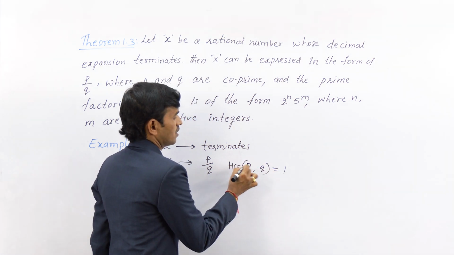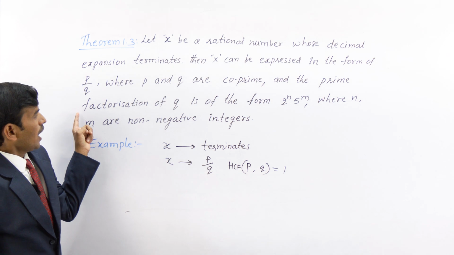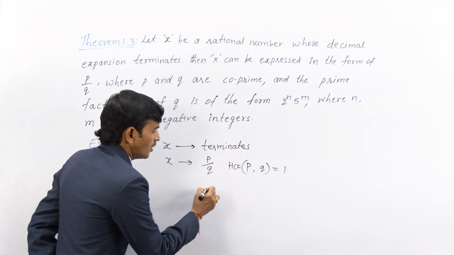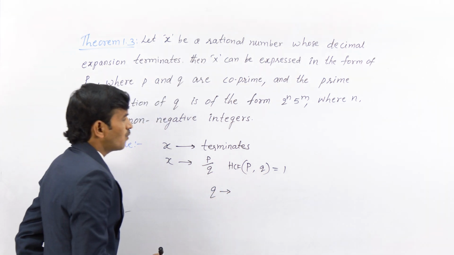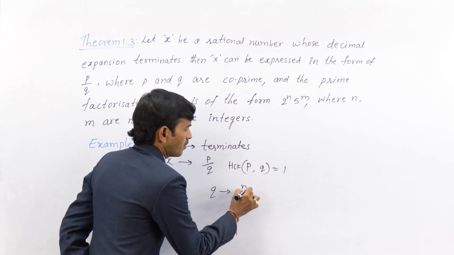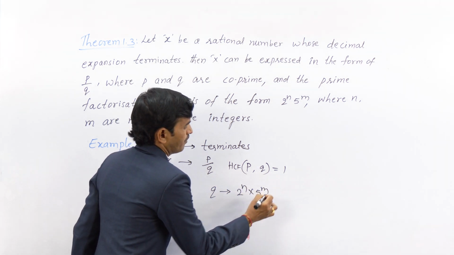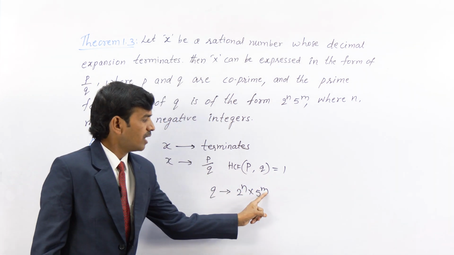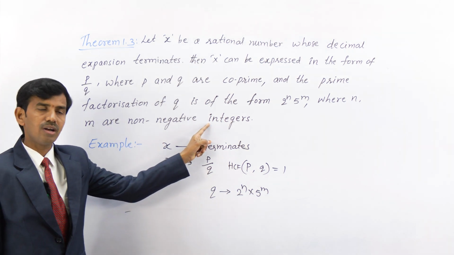Their HCF is 1. And the prime factorization of q can be expressed in the form of 2 power n into 5 power m, where n and m are both non-negative integers.